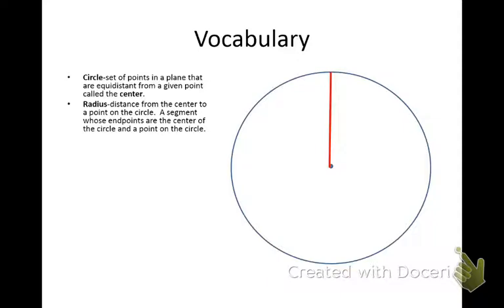Radius. Radius is the distance from the center to a point on the circle. A segment whose endpoints are the center of the circle and a point on the circle. That's a radius.